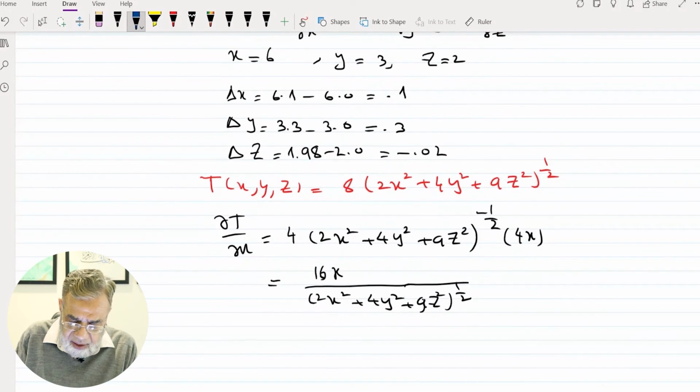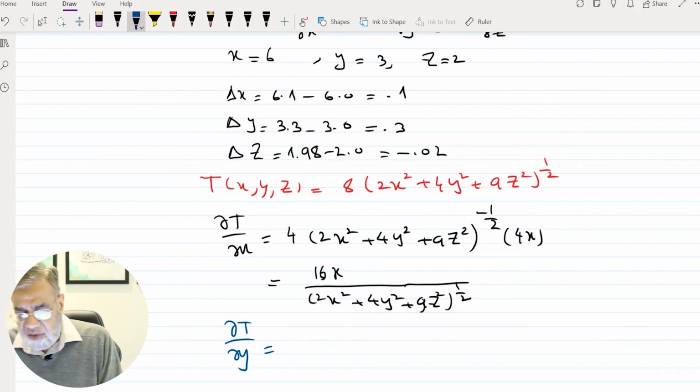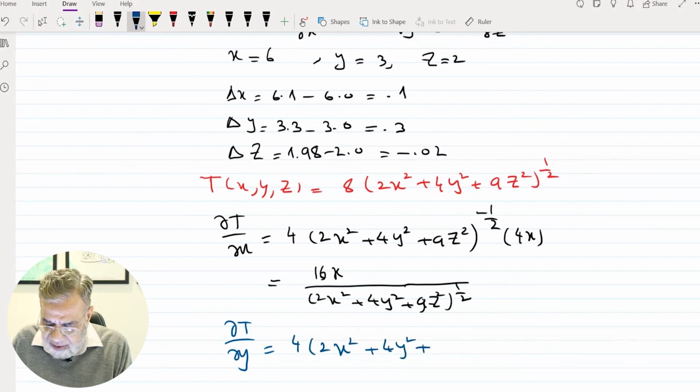Now I find partial T by partial y. Similarly, we use the chain rule, and 1 by 2 multiplied by 8 is 4. Then comes the function 2x squared plus 4y squared plus 9z squared to the power minus 1 by 2, as I explained before.